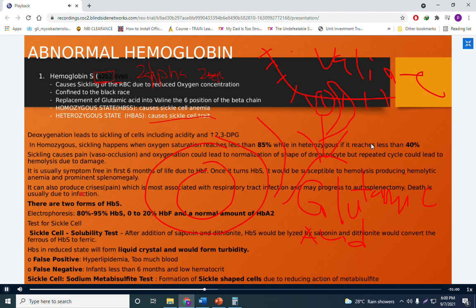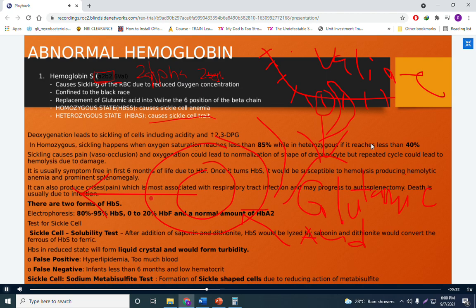Kailangan ni 2,3-DPG lumabas para pumasok si oxygen. Sa case na to, since may problem sa shape, hindi makalabas si 2,3-DPG nyo, nagkakaroon kayo ng deoxygenation kasi hindi siya makabind sa oxygen dahil nandun pa rin siya sa loob. Naintindihan? And it causes acidosis or acidity.